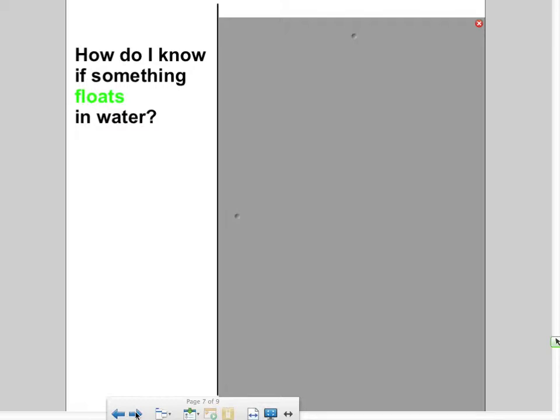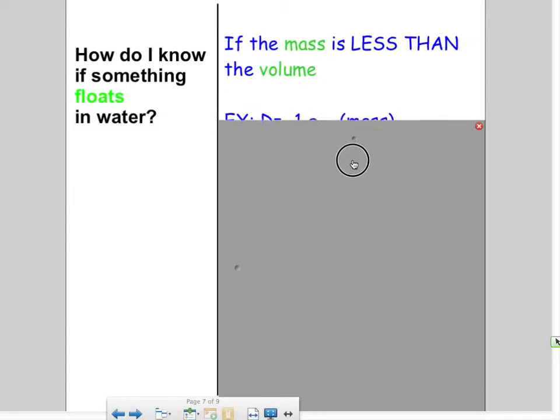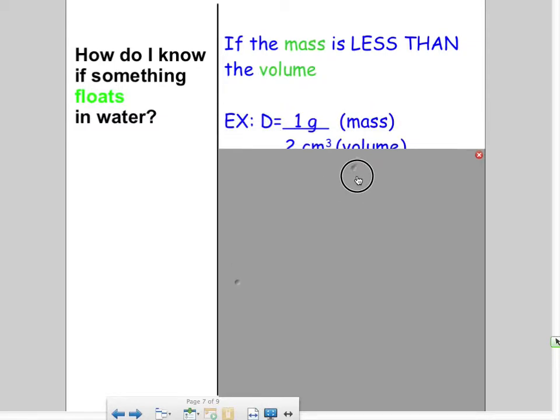Now, when you want to know if something floats in water, all you have to remember is that if the mass is less than the volume, then it will float. So let's take a look. Here we have a number 1 over the amount of volume.